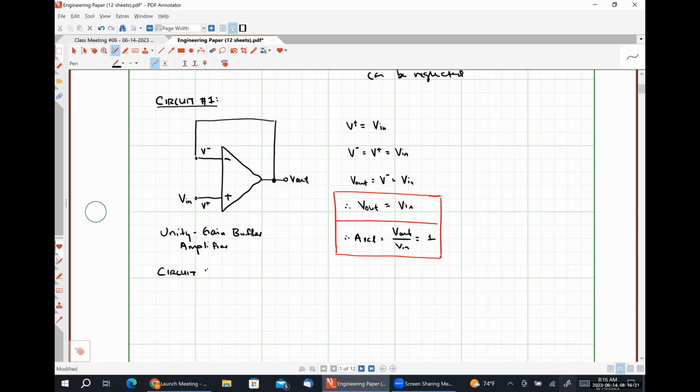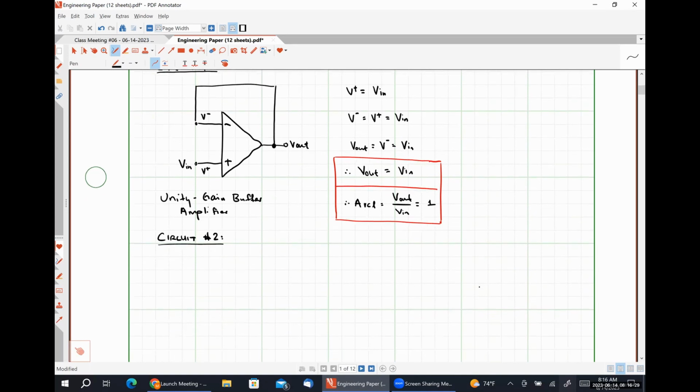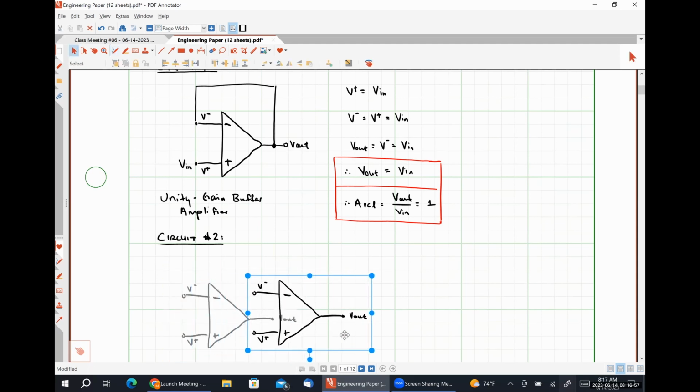So the unity gain buffer is a specialized version of what's called a non-inverting amplifier. So let me draw our circuit here. We are going to have, actually, let me move this over just a smidge so that I have a spot to put another resistor.